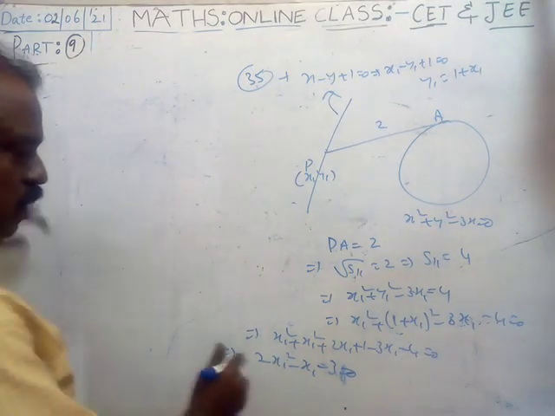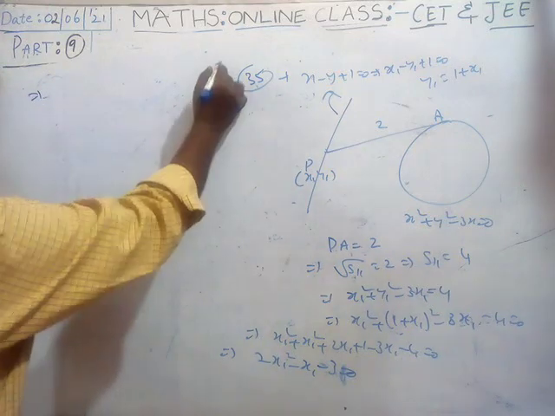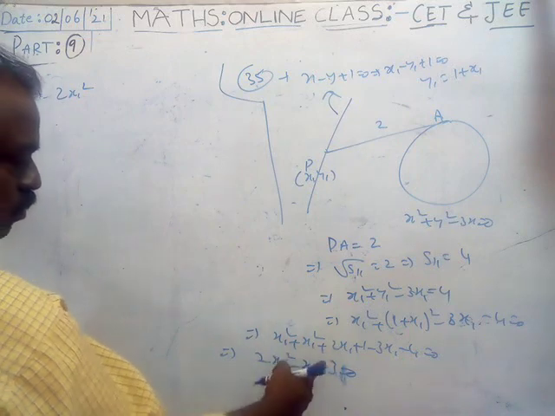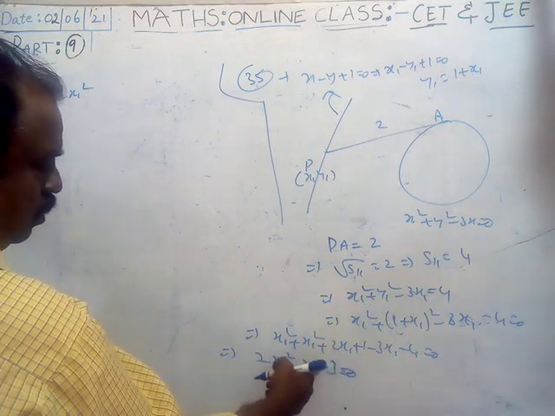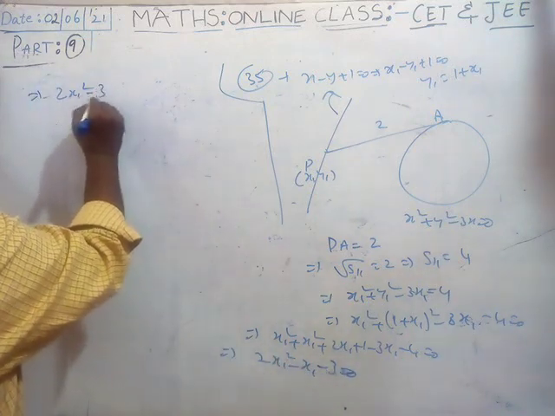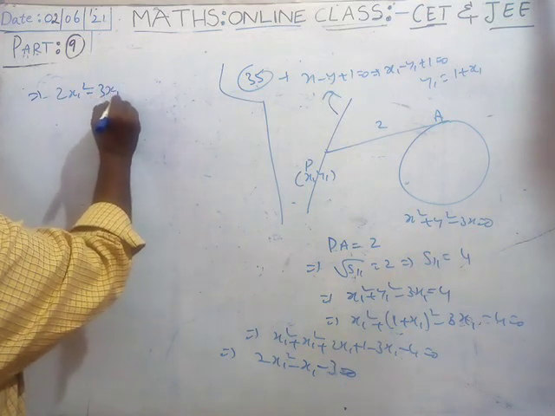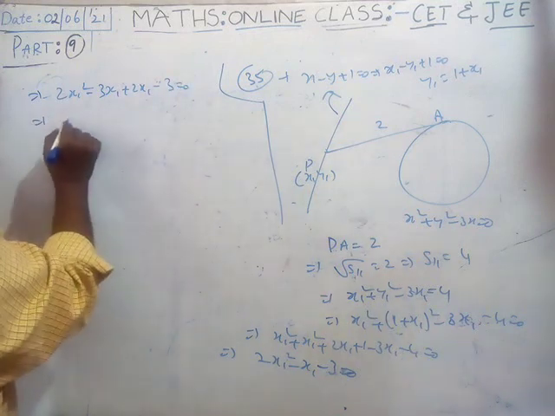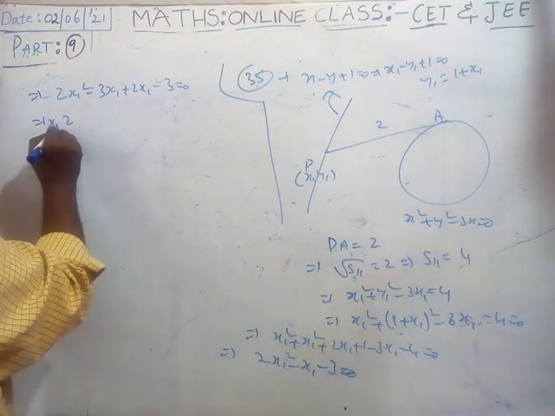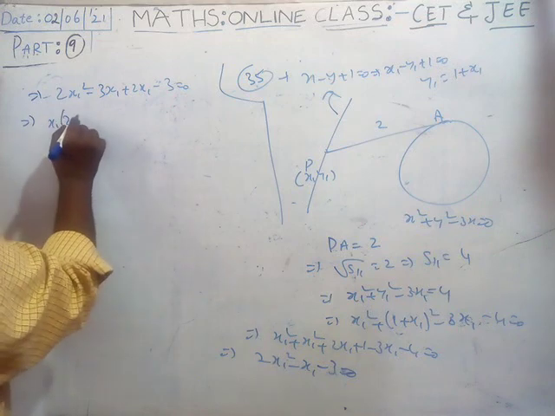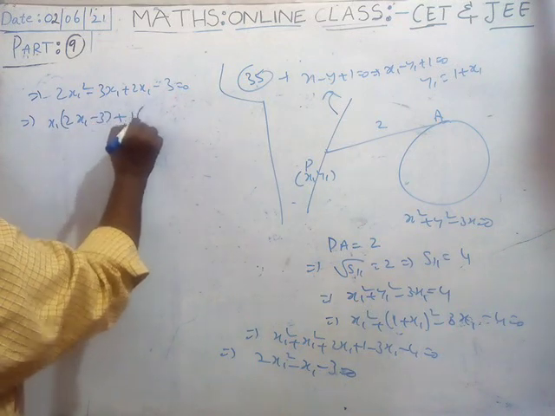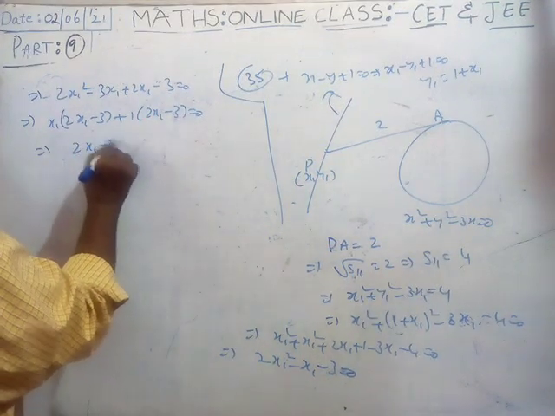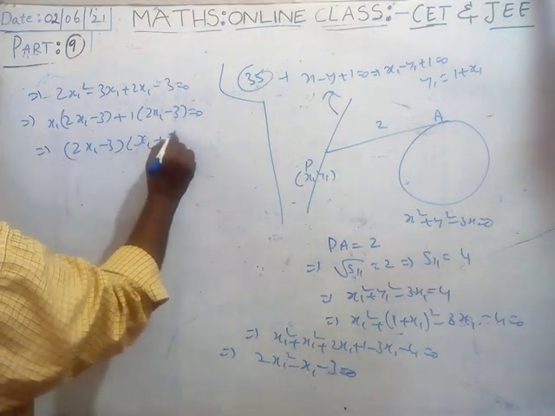I am solving it by the factorizing method: 2 times 3 is 6, so minus 3x1 plus 2x1. It is x1 of (2x1 minus 3) plus 1 of (2x1 minus 3) is equal to 0. So (2x1 minus 3)(x1 plus 1) is equal to 0.